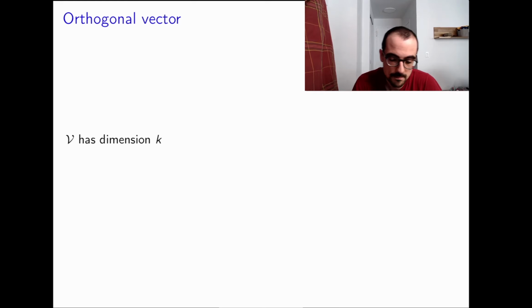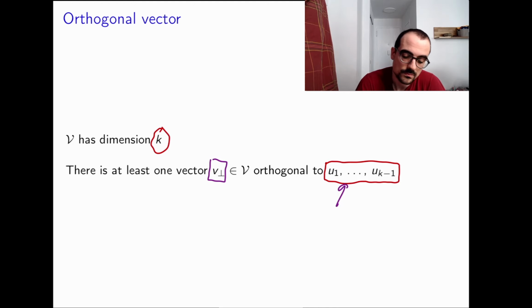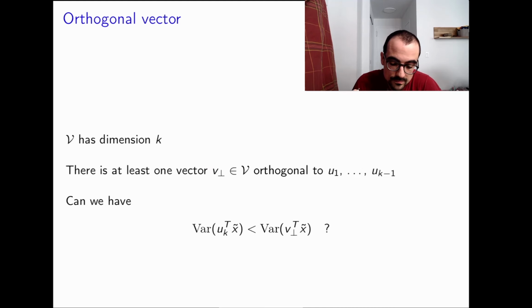We are assuming that these first principal directions are optimal in the sense that they maximize the sum of the variances. We need to show that if that is the case, then the first k principal directions are optimal. So, again, this subspace that we're interested in contains at least one vector that is orthogonal to these k-1 vectors. Why? Because it's a subspace of dimension k. So what are we going to do?